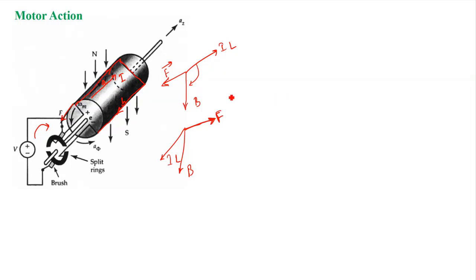Now let us see how we can derive the expression for torque. This is the expression of force. The magnitude of the force on one side, conductor A, will be IBL. The net force will be 2F, because both forces are acting, so the torque becomes 2F into R, where R is the radius of the rotor.